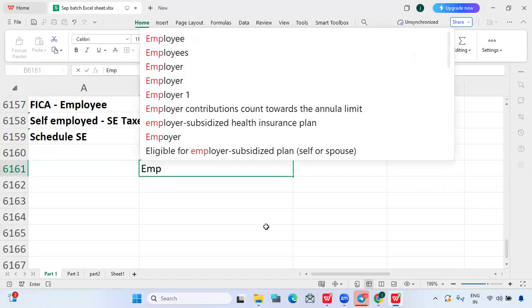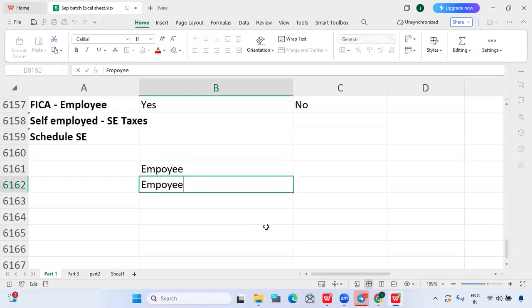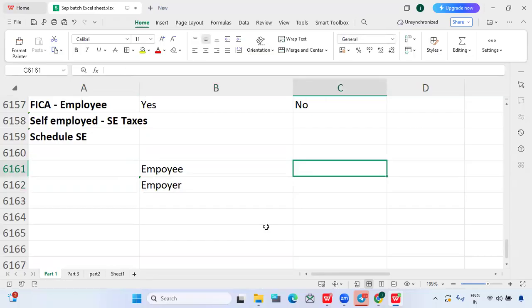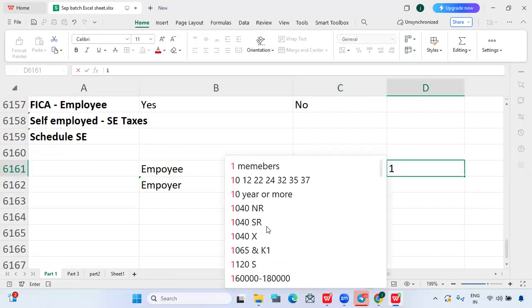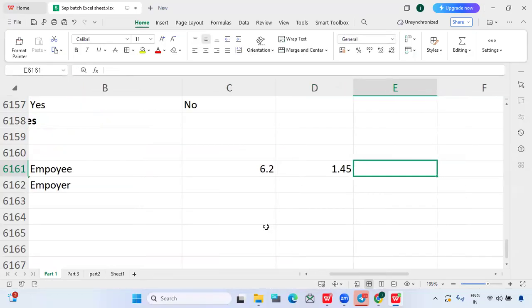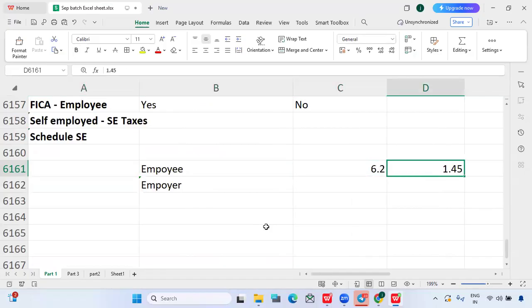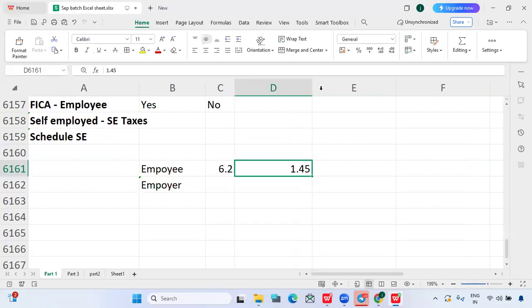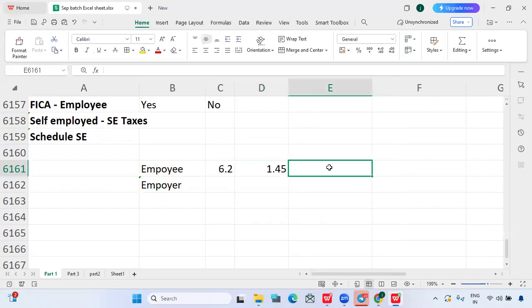Employee contribution is 6.2 plus 1.45, so the total is 7.65. And employer contribution is 7.65.